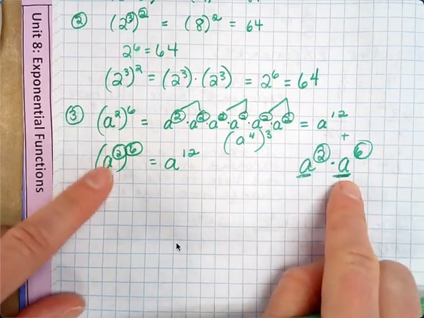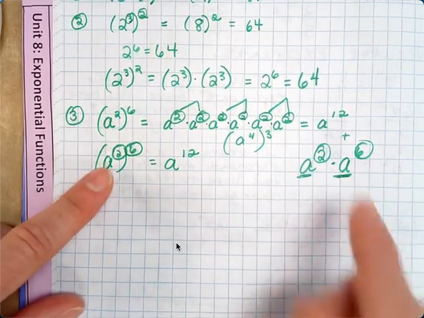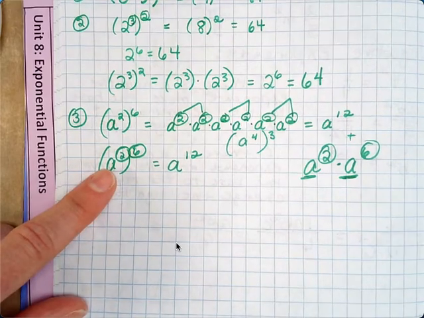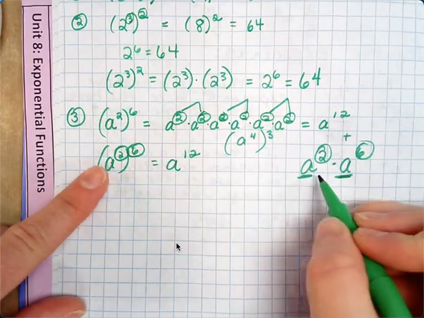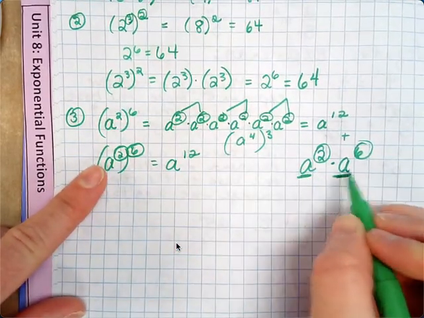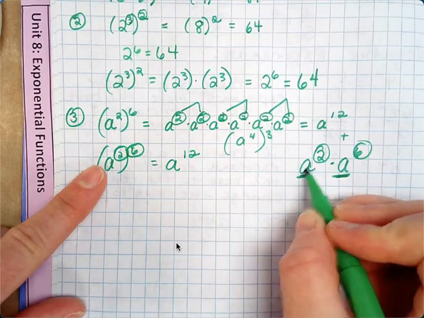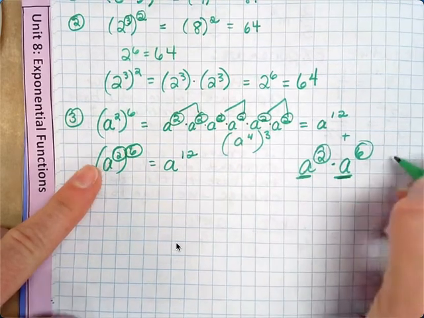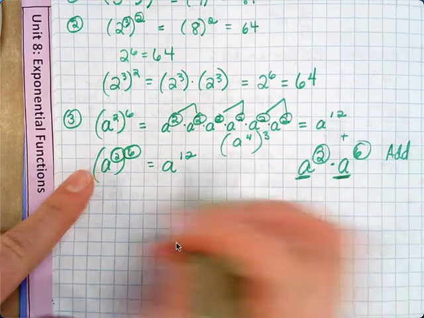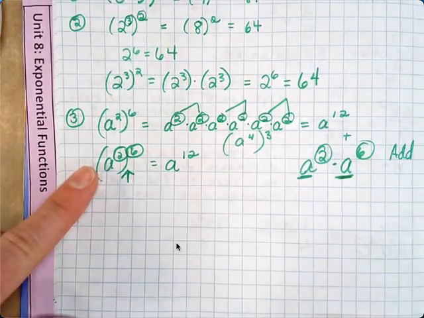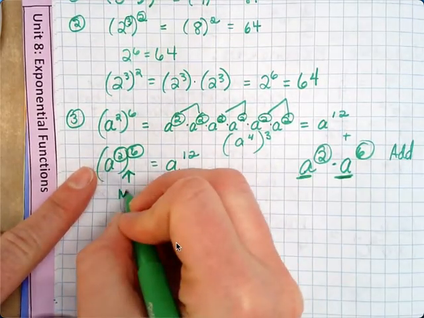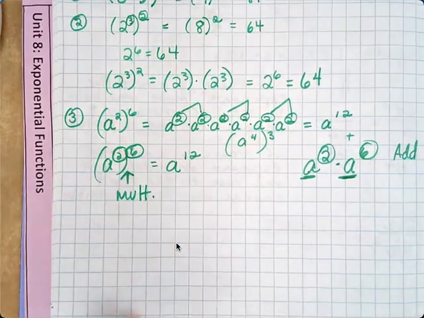This one has parentheses. How many bases does it actually show? One. It just shows that one. But this one has 2 because you have a squared times a to the 6th. This means addition. But this one, what is that going to mean? Multiplication.